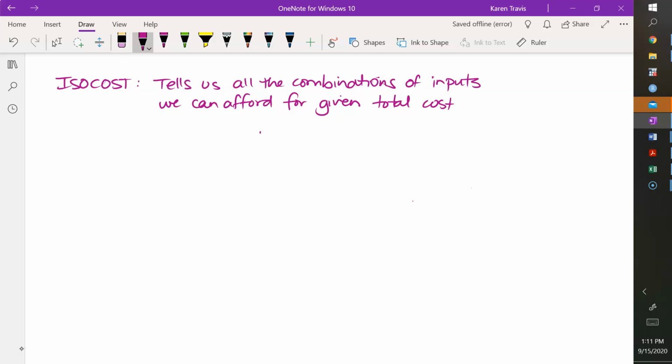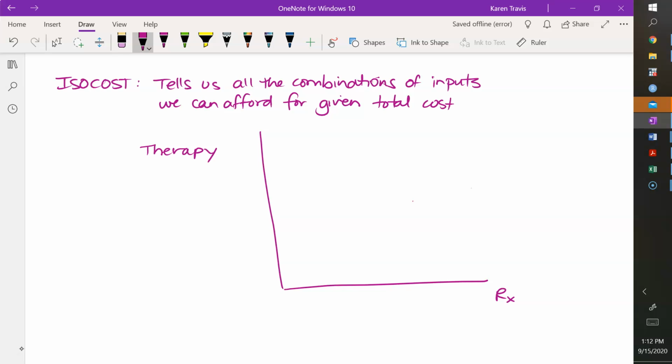So let's use, we always have two inputs in order to depict this graphically. So let's suppose our two inputs are a choice of using prescriptions or therapy.